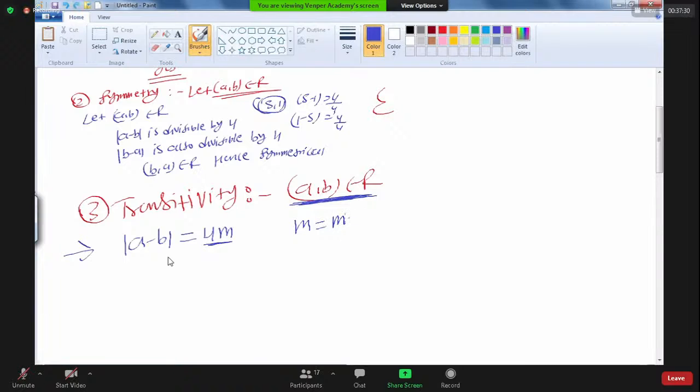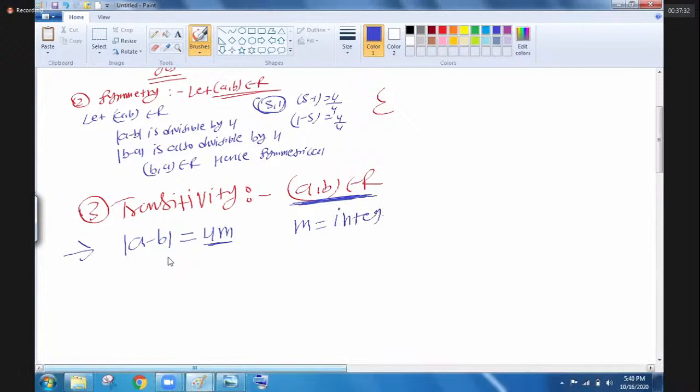Why are we using m as an integer? Because a minus b is divisible by 4 means it must be a multiple of 4. It can be 4, 8, 16, any multiple of 4. So a minus b will be 4m. If I remove the modulus, I will get a minus b as plus minus 4m.